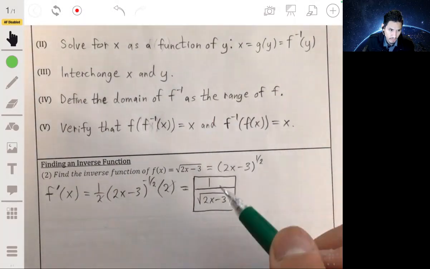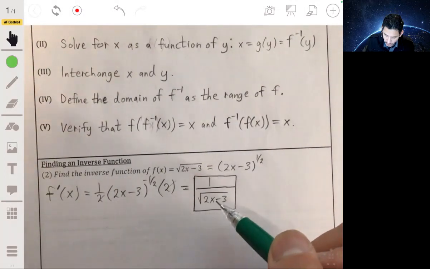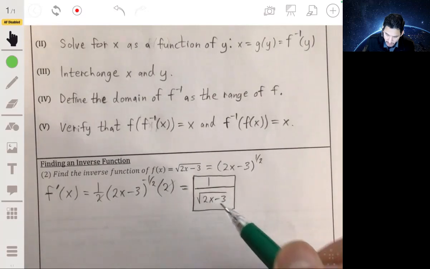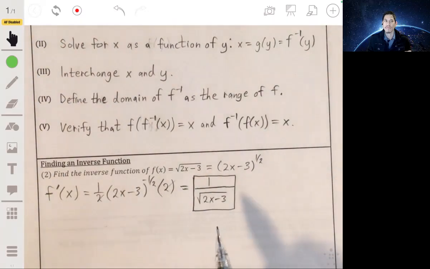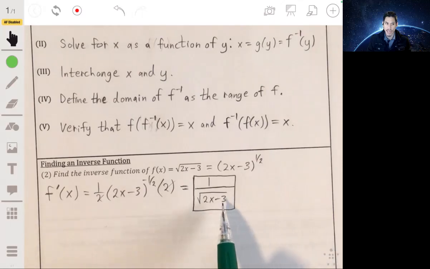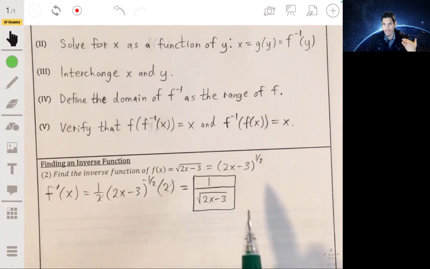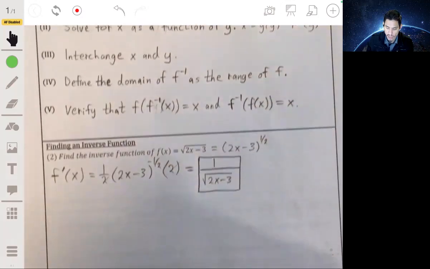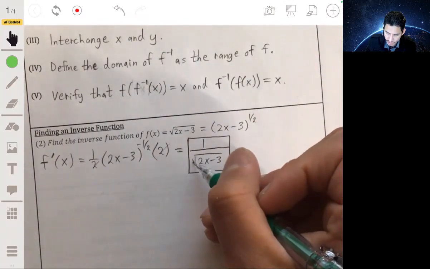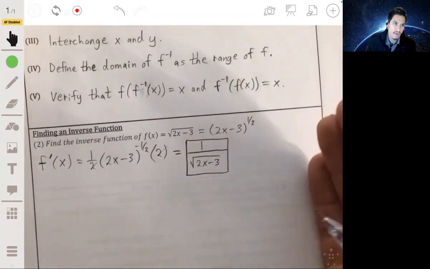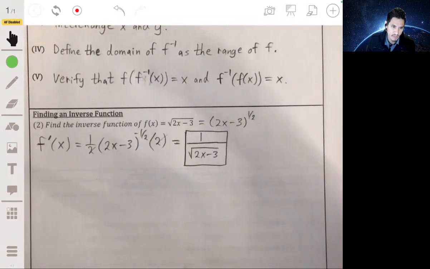Now, is this going to be defined for all x values? And is it always going to be positive, or is it always going to be negative? So let's recall, we can only take the square root of something that's 0 or more.